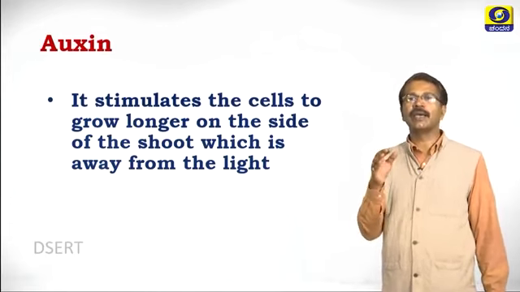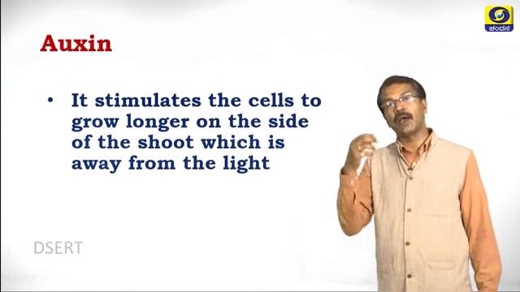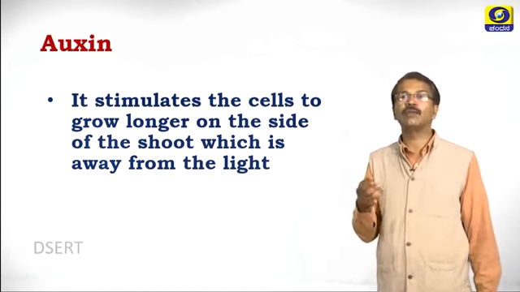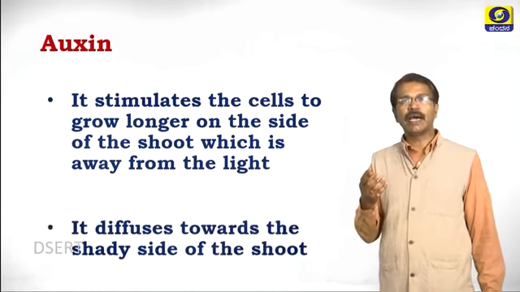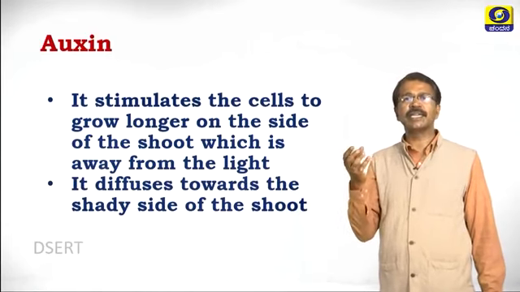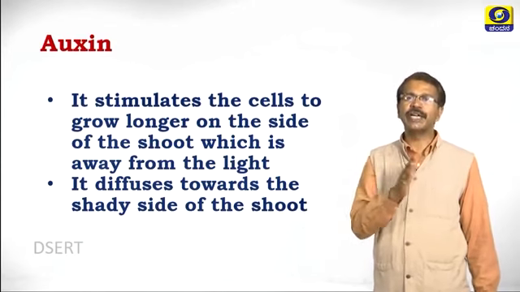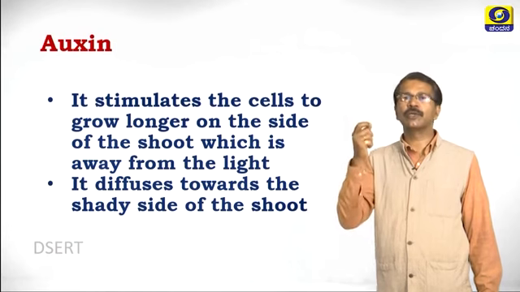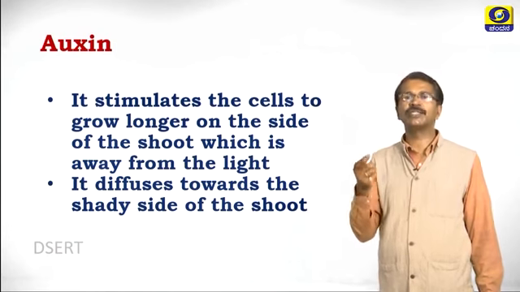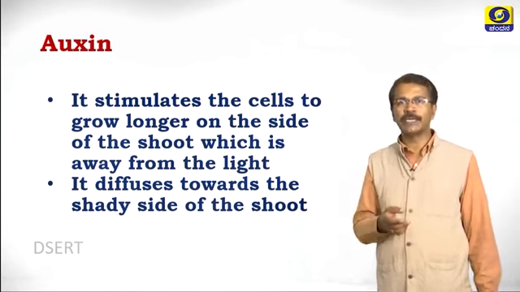Can you say what kind of tropic movement this hormone is exhibiting? Yes, you can. So in the same way, as I said, it diffuses towards the shady side of the shoot, by which it makes the cell grow longer, which results in growth of the plant body.